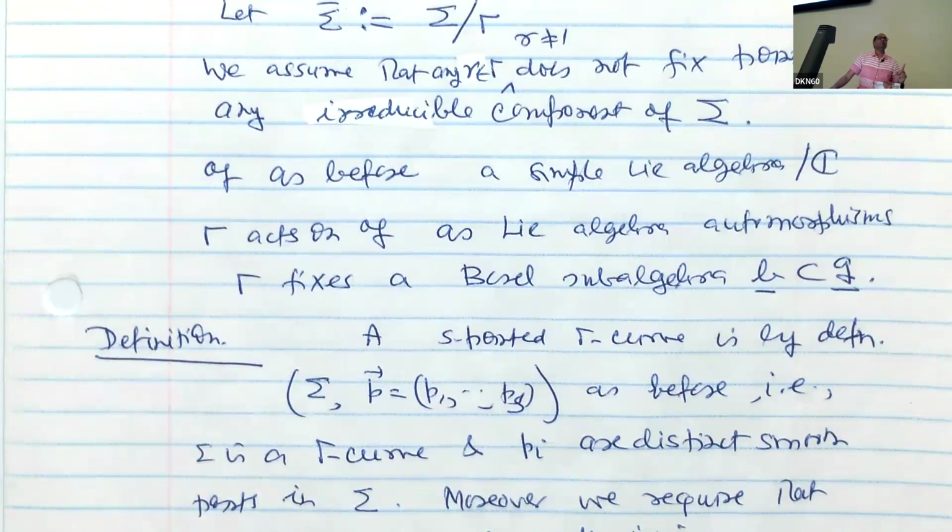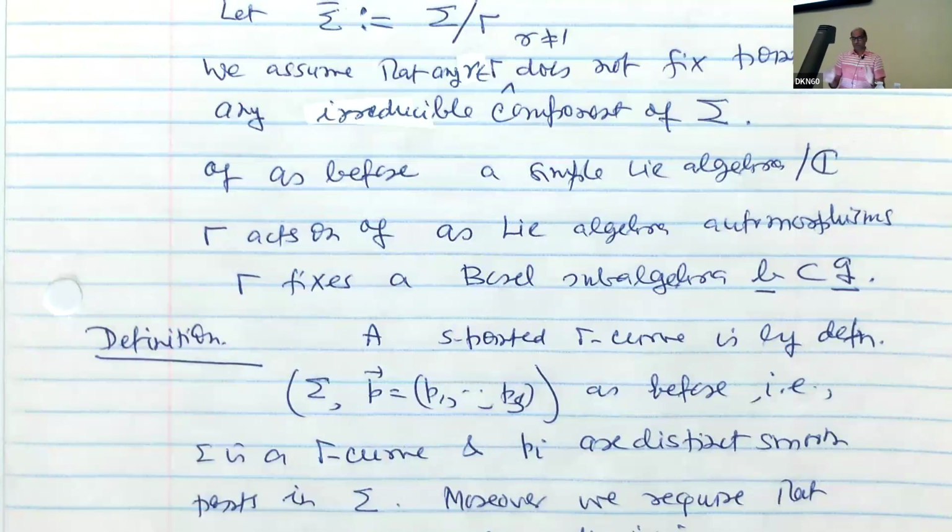Also, as before, we take a simple Lie algebra G, but the same group gamma is acting by Lie algebra automorphisms. I'm not assuming any constraint on that. We are assuming that this group gamma acts on the Lie algebra G by Lie algebra automorphisms.